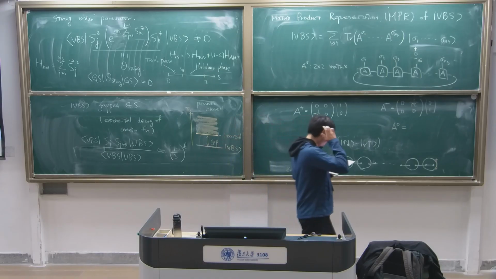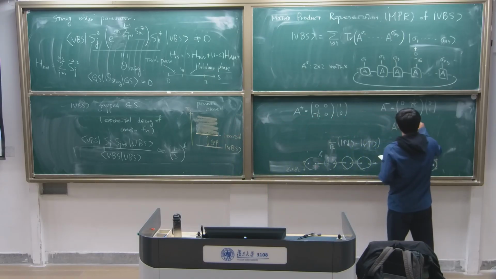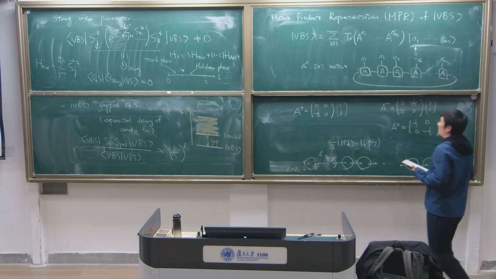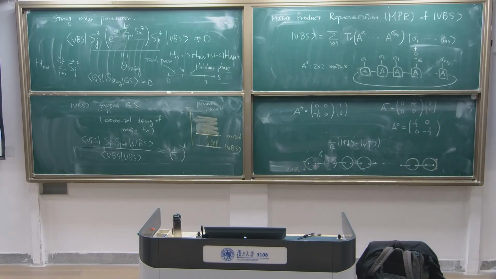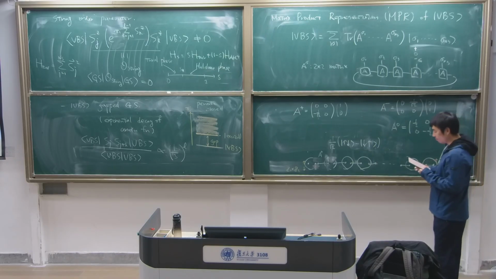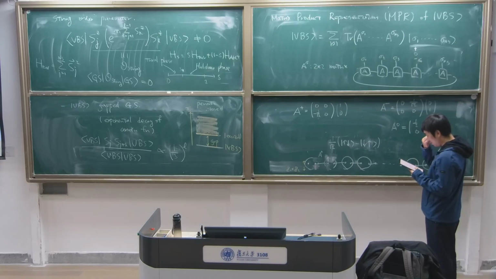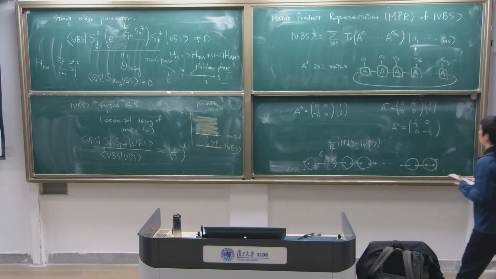At the end of the day, what I want is something like this, and that really corresponds to the VBS state in the matrix product form. But I don't know why this is happening.